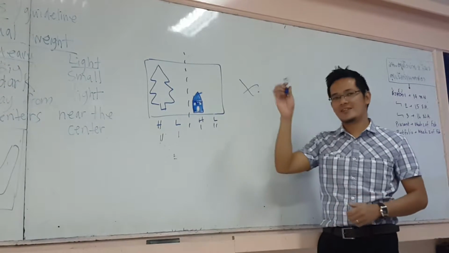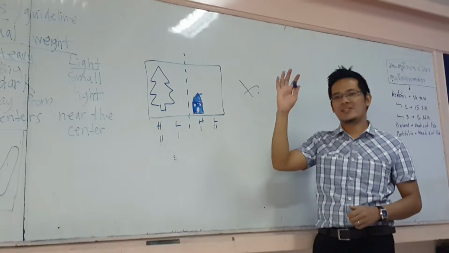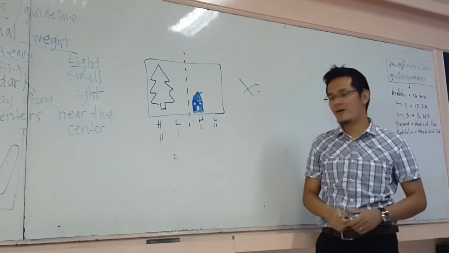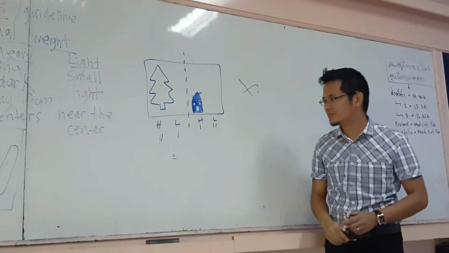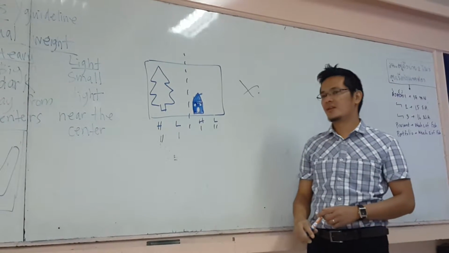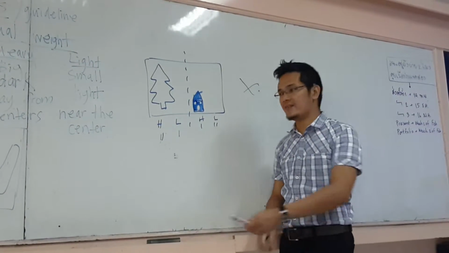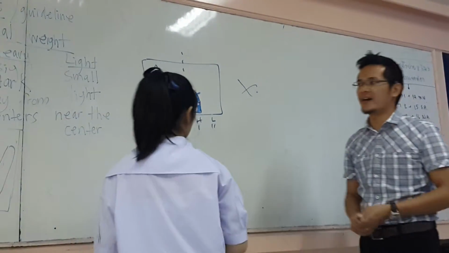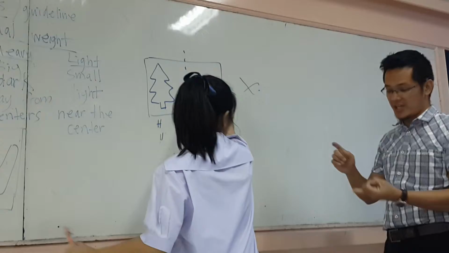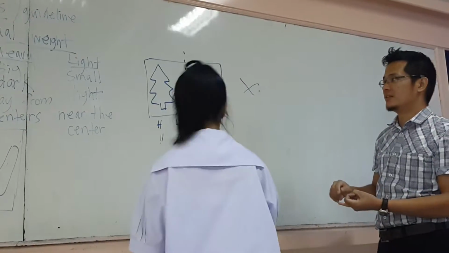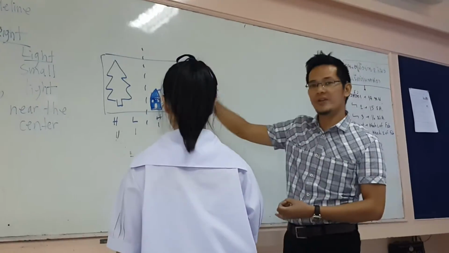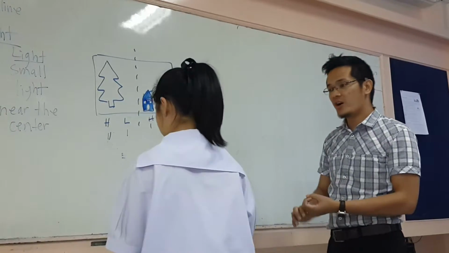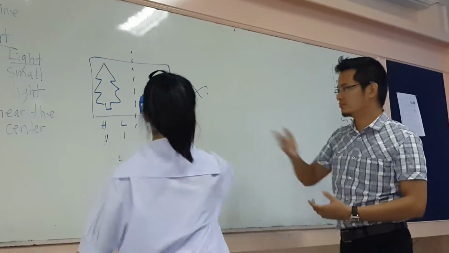Who can make a change? Okay, come. We need 2 points in heavy and 1 point in light. So change one factor. You can change size. Oh, not size, because definitely we want a small one. You can change the color or position.